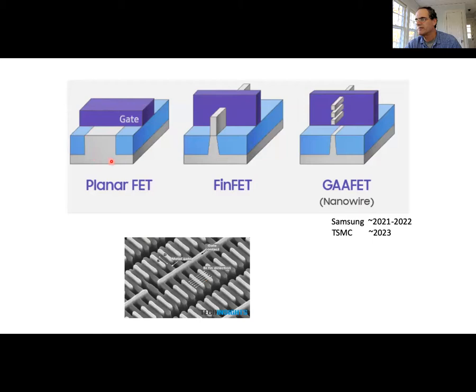Here's some more cartoon pictures of a planar FET, the FinFET, and now an even more confined kind of design called gate all around. Now the gate is a narrow wire, a nanowire, which is surrounded on all sides by the gate. Okay. Here's another SEM image of a FinFET.